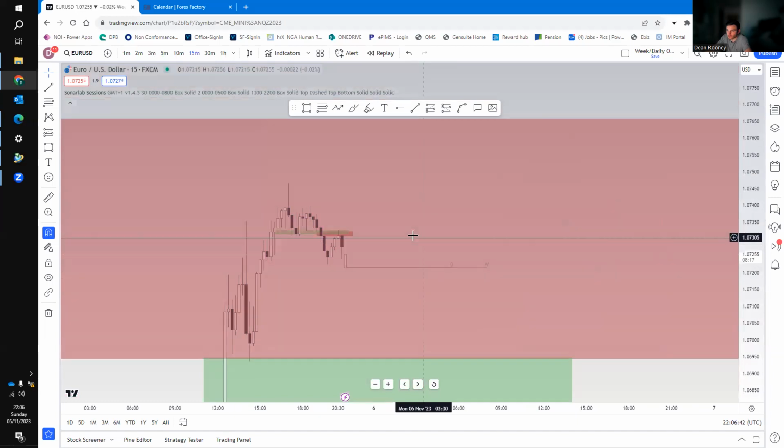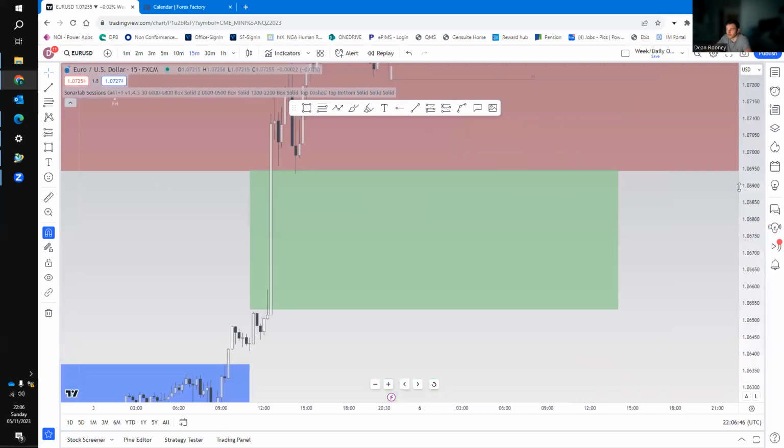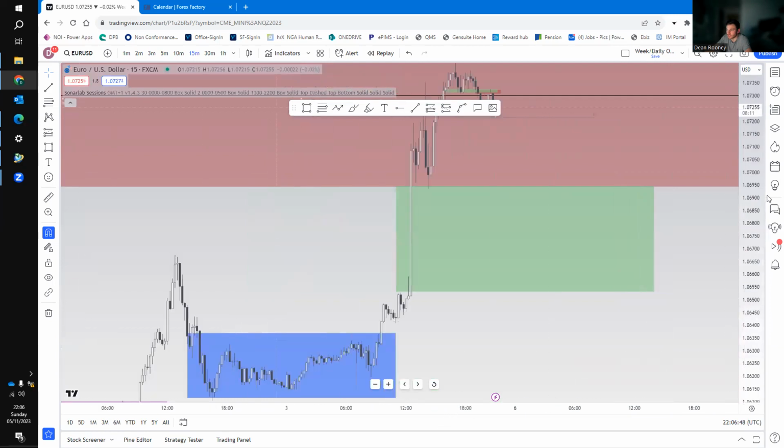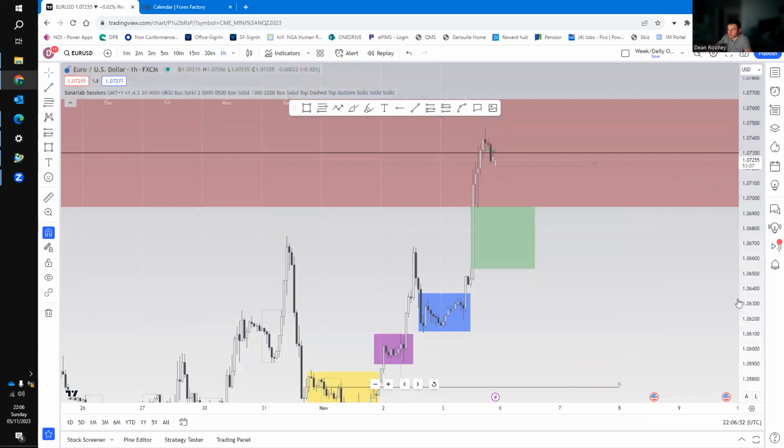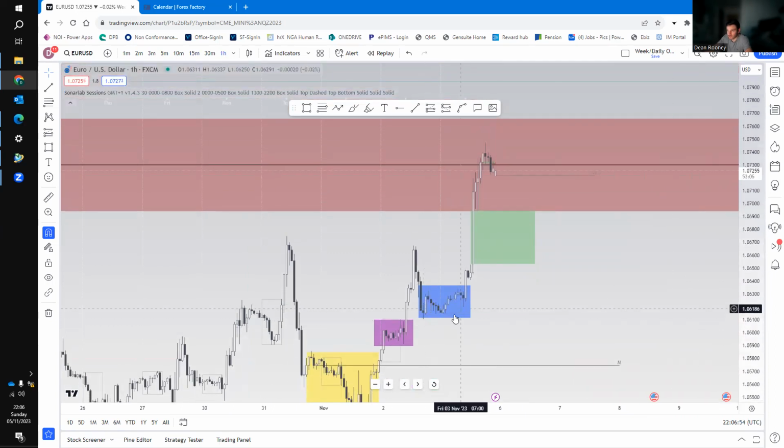If we close underneath this again, then for me, we're bearish, and I'll be looking to continue sells. And my targets will be these liquidity pockets that I've shown here. So these are all soft lows. This ran liquidity, this one here ran liquidity, but it's still a pretty soft area.